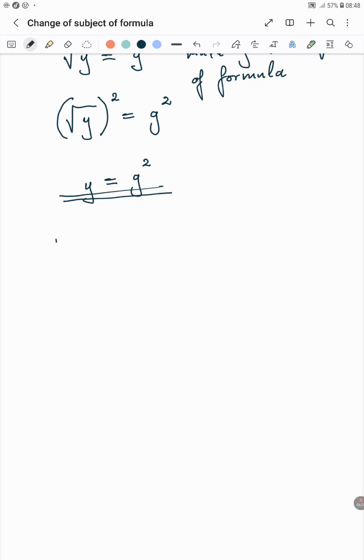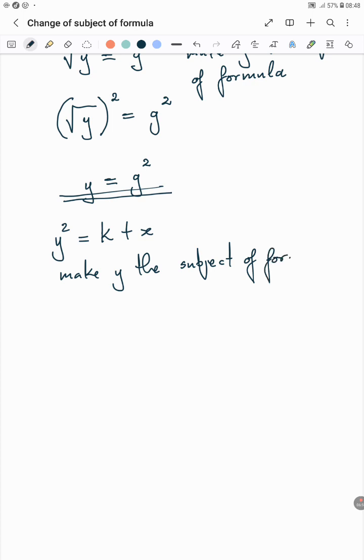Let's say you have an example that says y squared is equal to k plus x, and you're asked to make y the subject of formula.